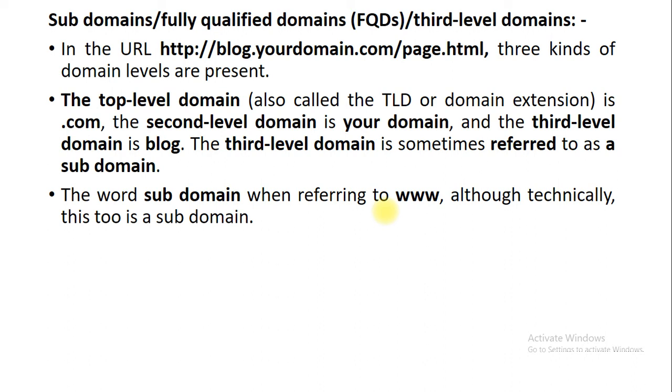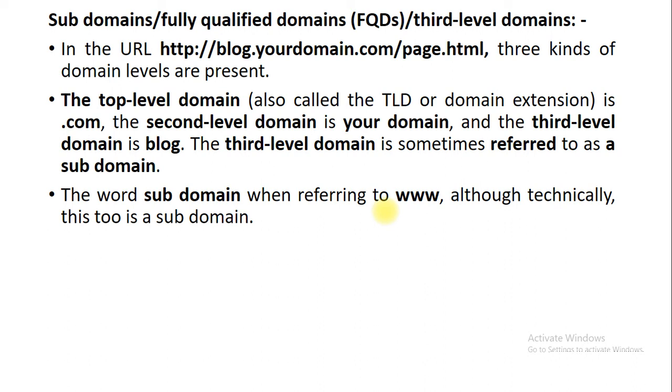When you want to retrieve information regarding the website, that means for which purpose my website is created or working, that I can get with the help of the top level domain. Second level domain is what? That is the name of your website, for which you have paid the fees to the search engine. That is, in our example, your domain is the second level domain.